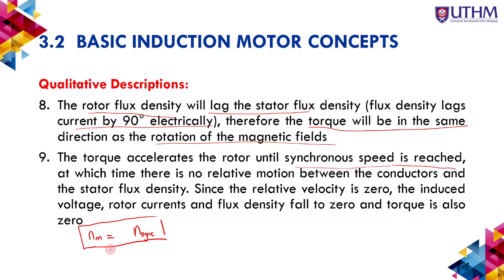So once this thing happens, there is no relative motion, because of the same direction and same speed. Like earlier with the tree and the car, the car and the environment are moving in the same direction at the same speed, so there is no relative motion between the conductor and the stator flux density.